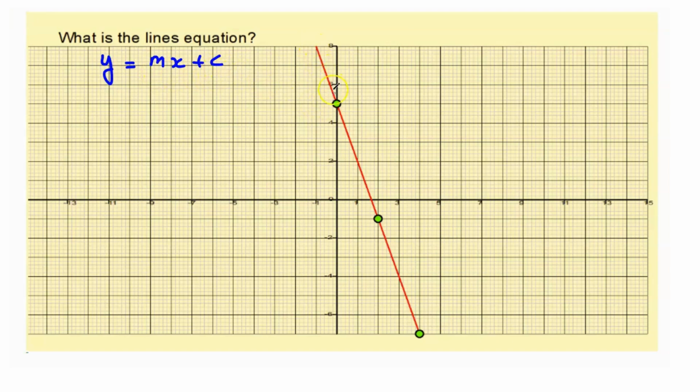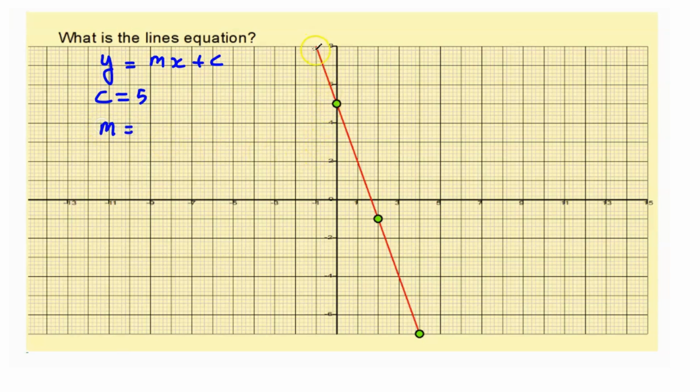So let's examine the graph here. Here it cuts the y-axis at 5. So the value c here would be 5. So we can write down our first information here. C equals 5. So we need to get m now, which is the gradient.